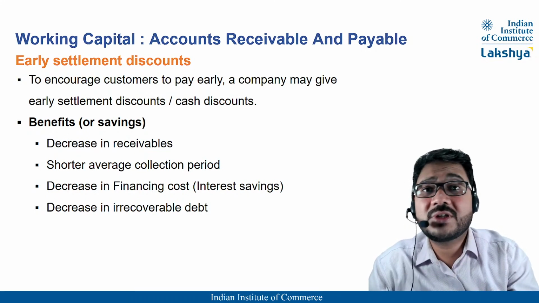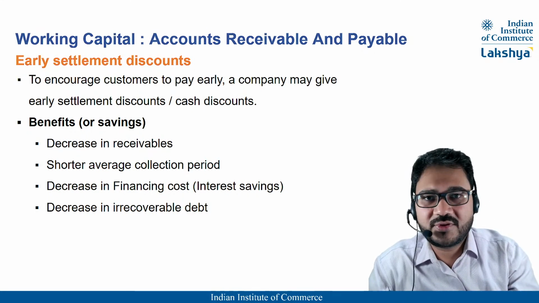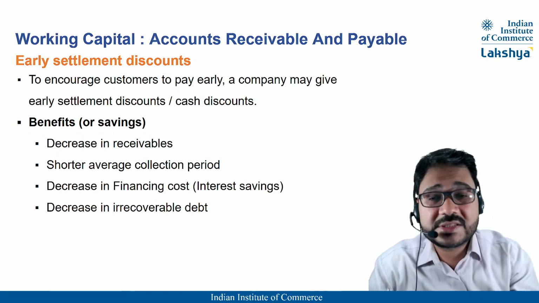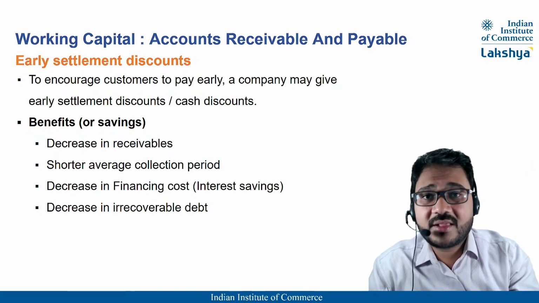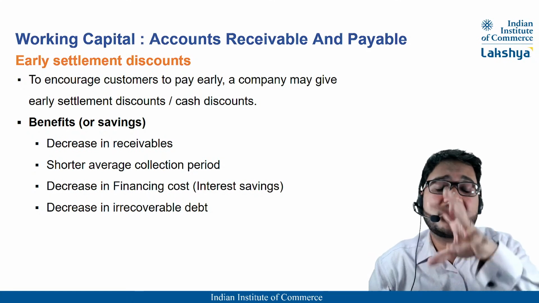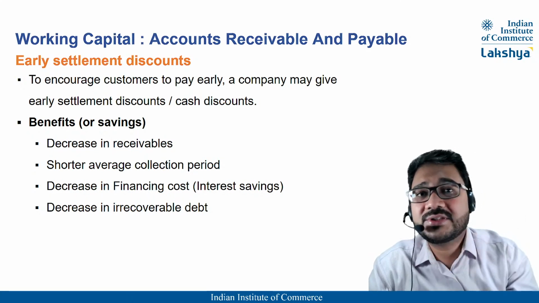So now I'm receiving only $98. So $2 is my cost for that discount. But what are the benefits against it? Well, I'm getting my money quicker. Since I'm getting my money quicker, I do not have to take an overdraft facility and pay 7% to my banker.